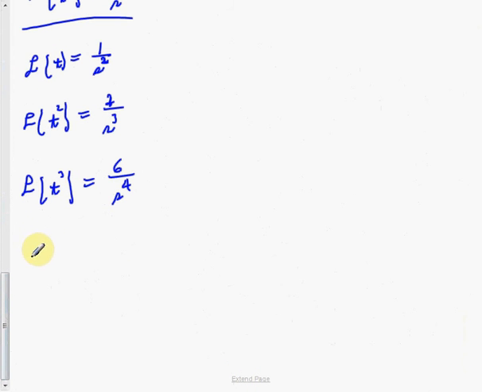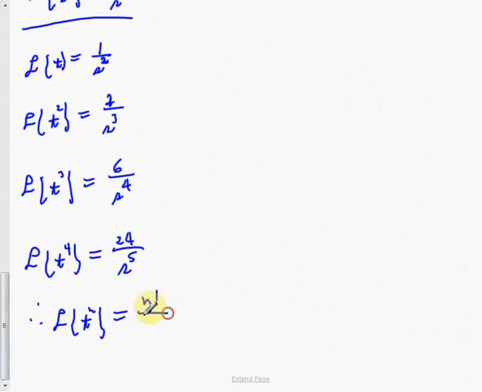Do you want to see the next one? The Laplace transform of t to the fourth is 24 over s to the fifth. Yes, the Laplace transform of t to the n looks like n factorial over s to the n plus 1. Okay.